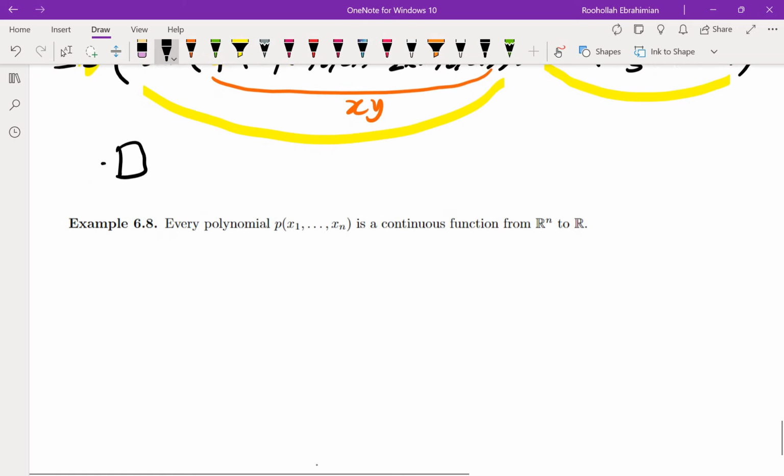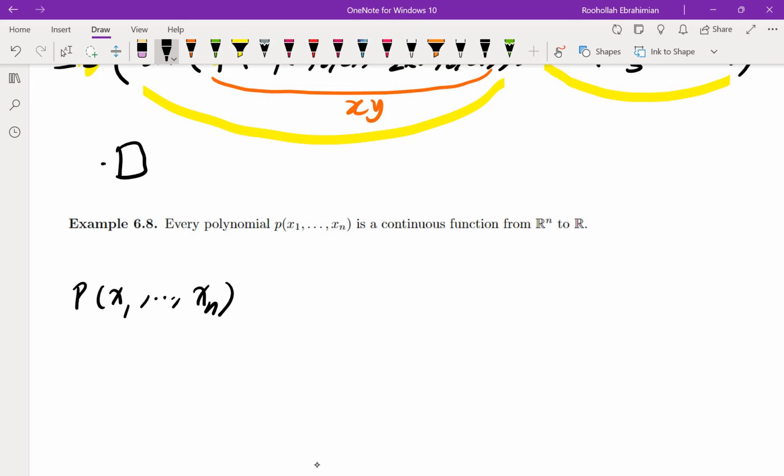Okay, and here's the last thing we're going to do in this video. Every polynomial is a continuous function from Rn to R. So if you take a polynomial, we want to show that it is a continuous function. So what is a polynomial? It is a sum of products of these variables.